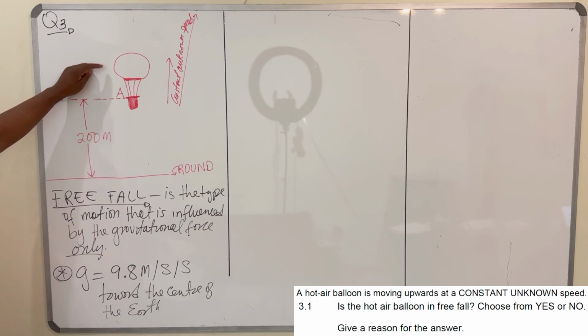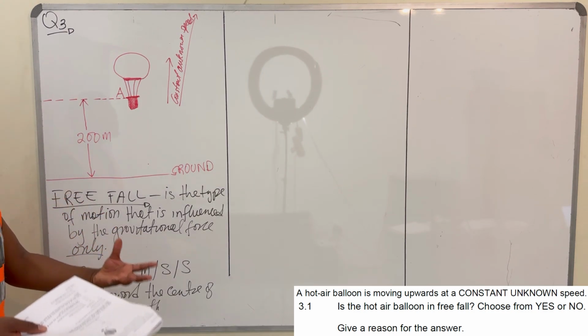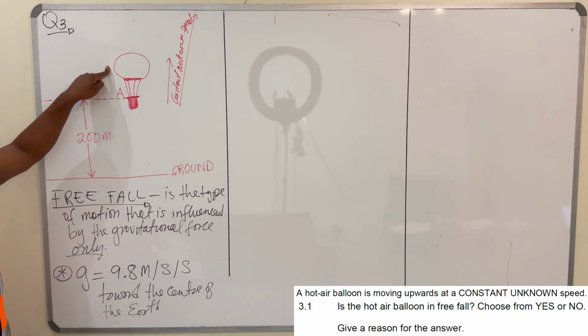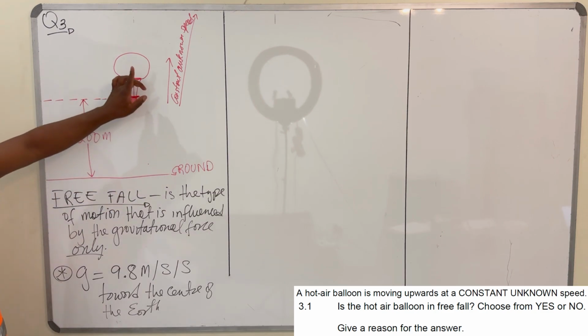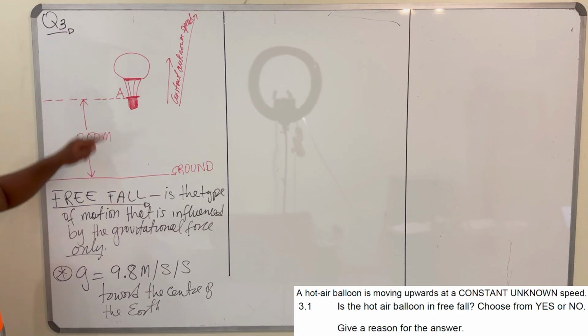But we know that gravity will pull this thing downwards towards the center of the Earth. That's how we know the behavior of gravity. It should be pulling this thing downwards. The fact that this thing is not being pulled downwards, it's moving upwards, means there are other forces involved. So this thing cannot be in free fall.